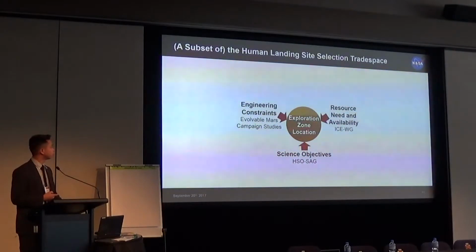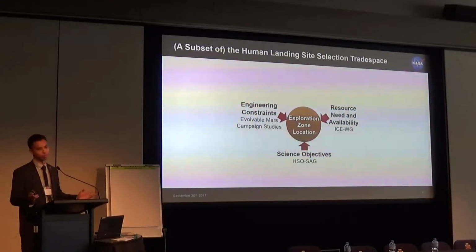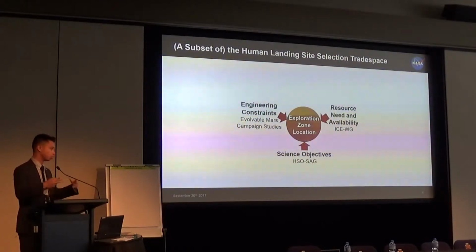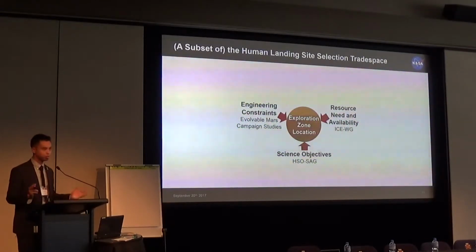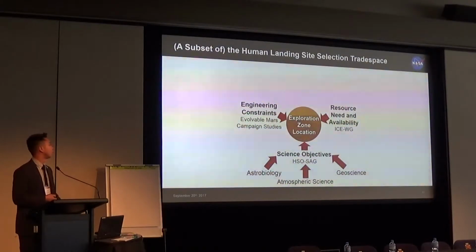I want to briefly talk about the trade space, the various considerations that we need to understand when we think about selecting an exploration zone, which contains a landing site and those other regions of interest. You saw this diagram earlier. This is a very simplistic representation of the different drivers of this decision. Our science objectives are distributed into these three subfields, and obviously they can be further and further decomposed.